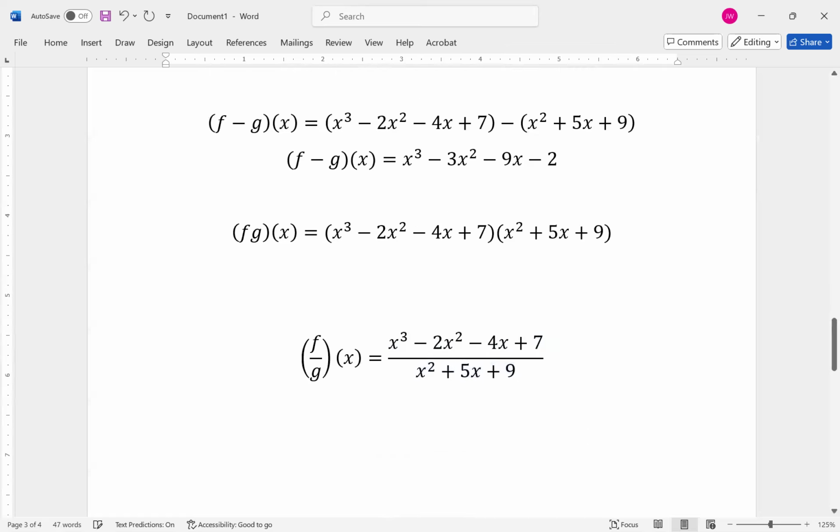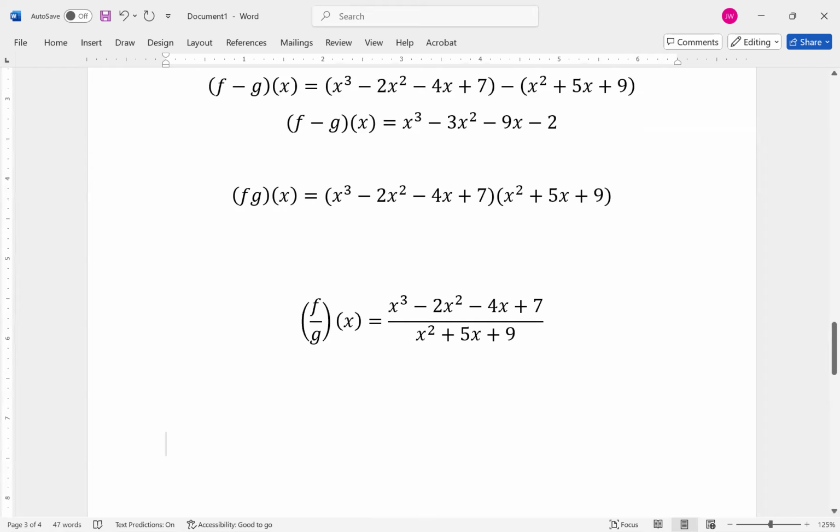By the way, I do want you to be aware, f divided by g of x is obviously not the same thing as g divided by f of x.